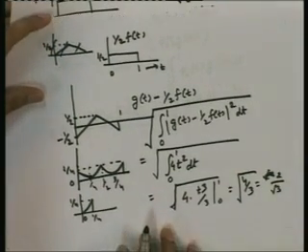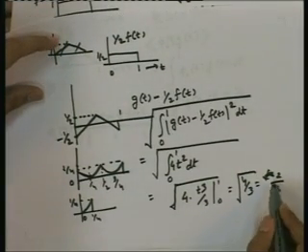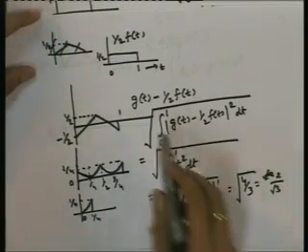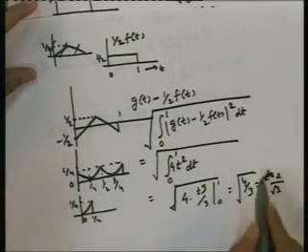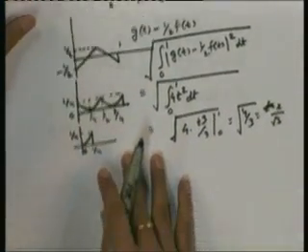So now we have to basically divide this by this length to get the second vector.